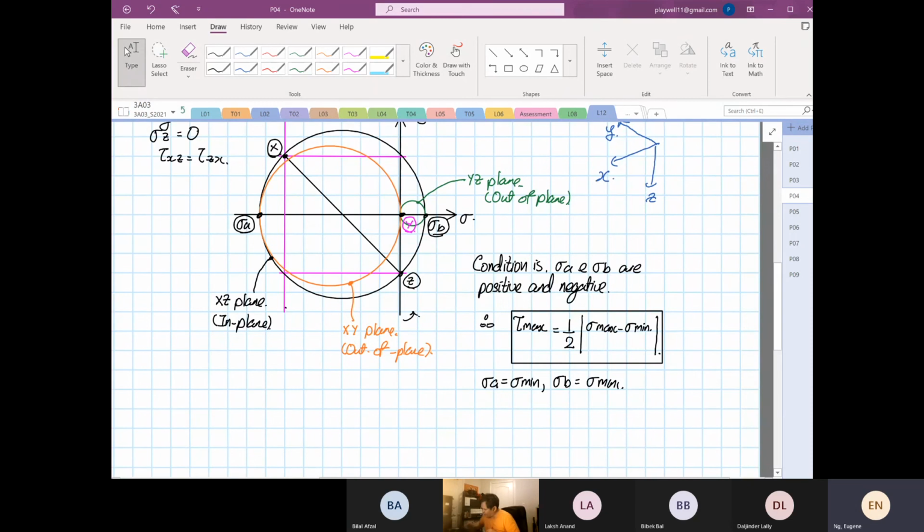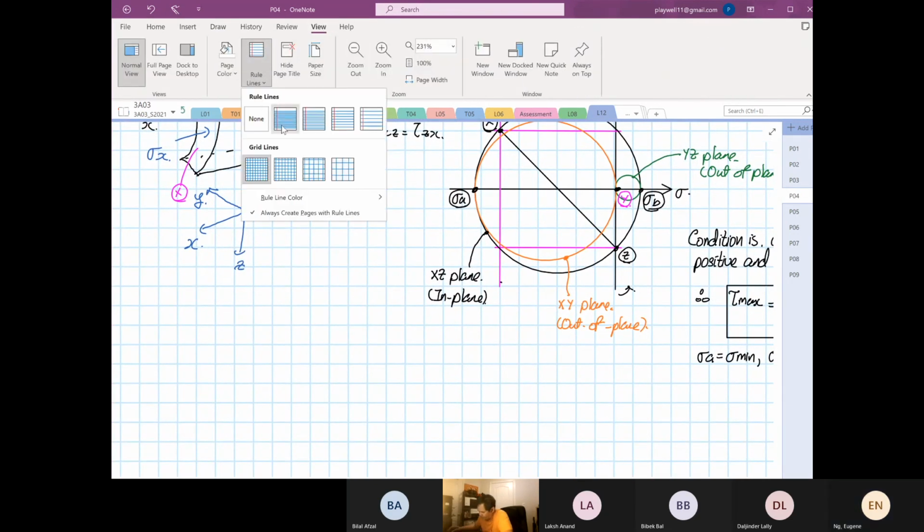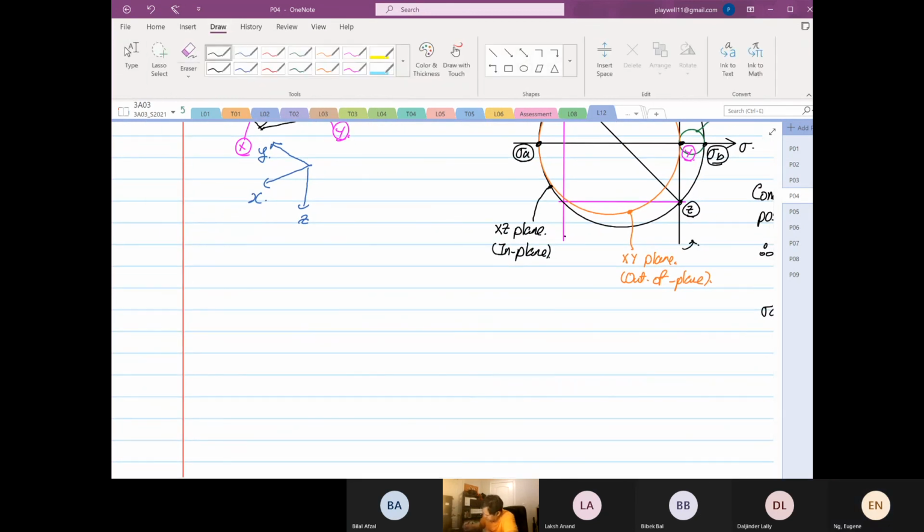So you have to find your stress max and stress min now. It's not difficult, it's just procedure. These are your principal stresses.